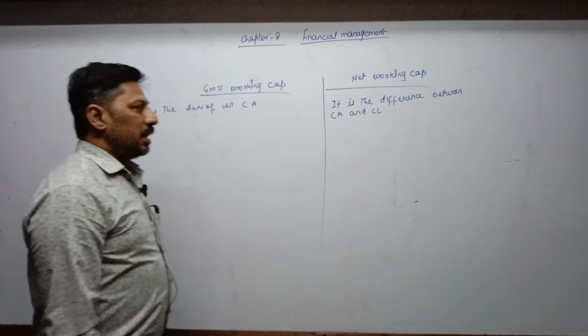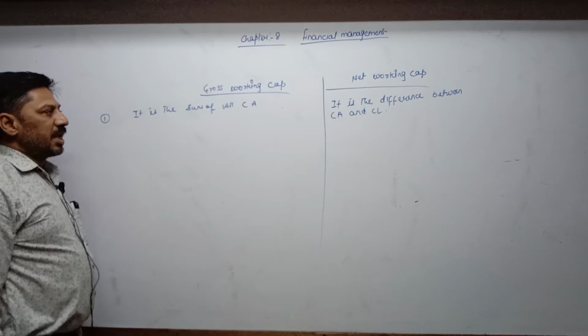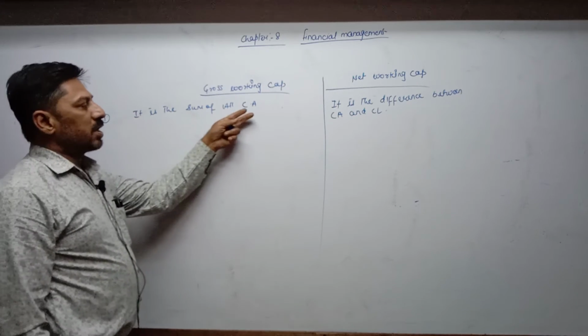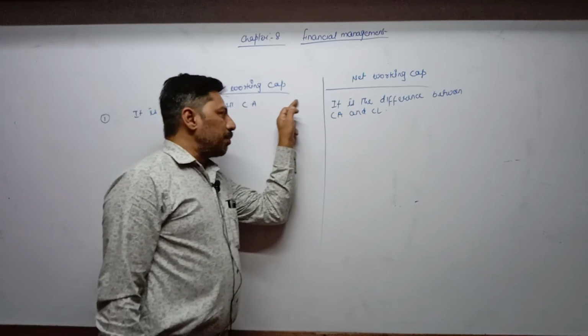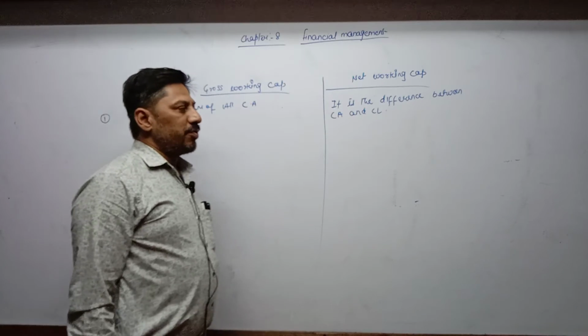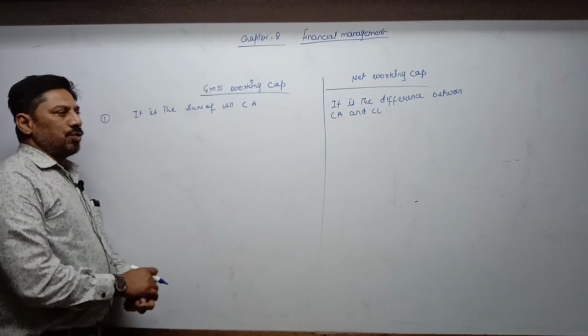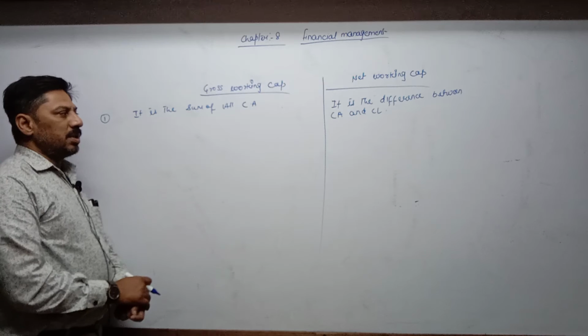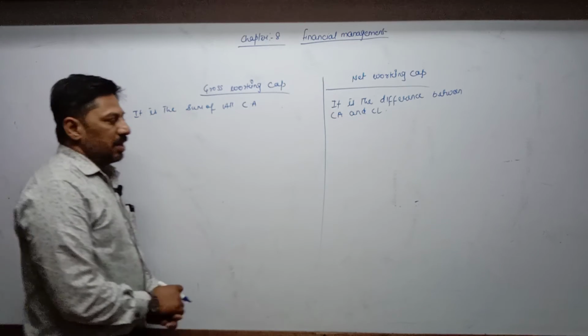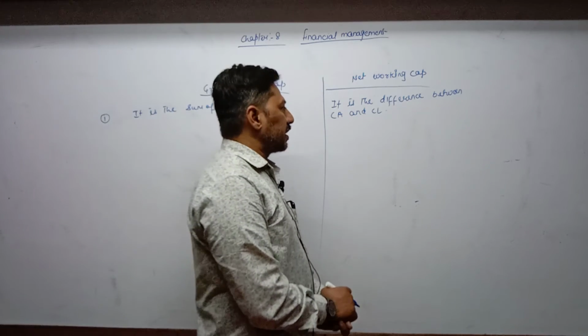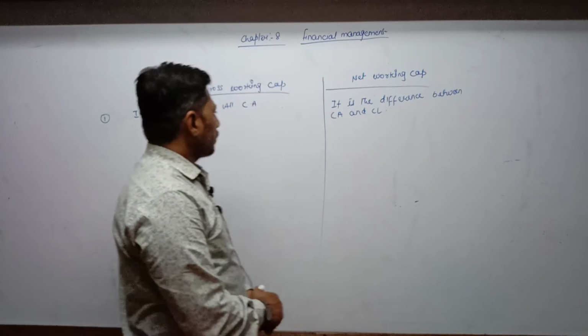The first difference is completed. Gross working capital is the sum of all current assets. Then you can give examples also, such as purchase of raw material, purchase of finished goods, debtor, bill receivable, stock, etc. And net working capital is the difference between current asset and current liability.